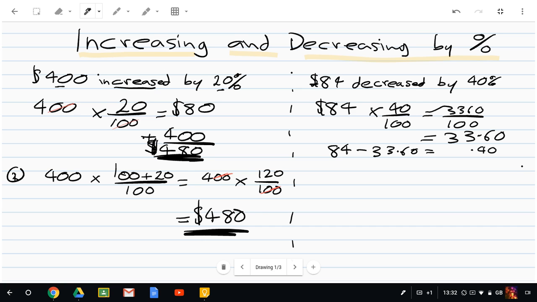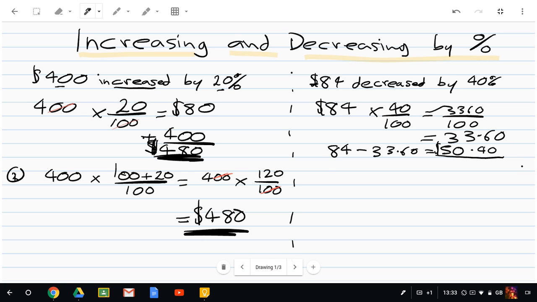Hang on. 84 minus $33.60 is $50.40. Okay, so when we decrease $84 by 40%, we end up having to pay $50.40.